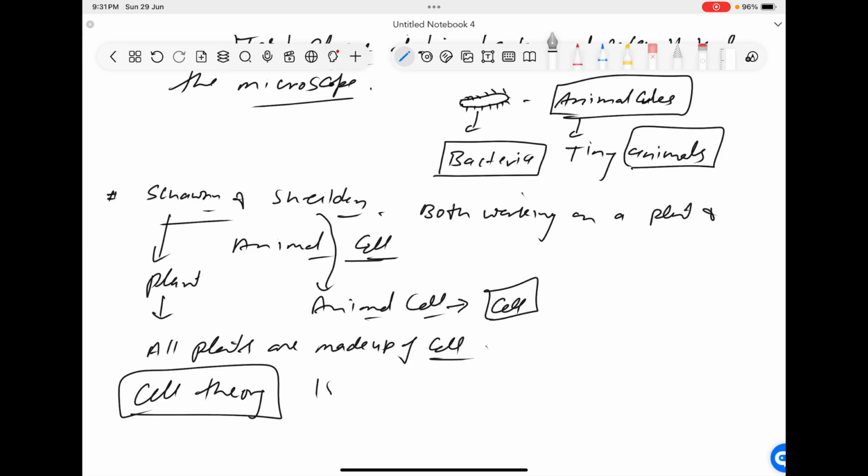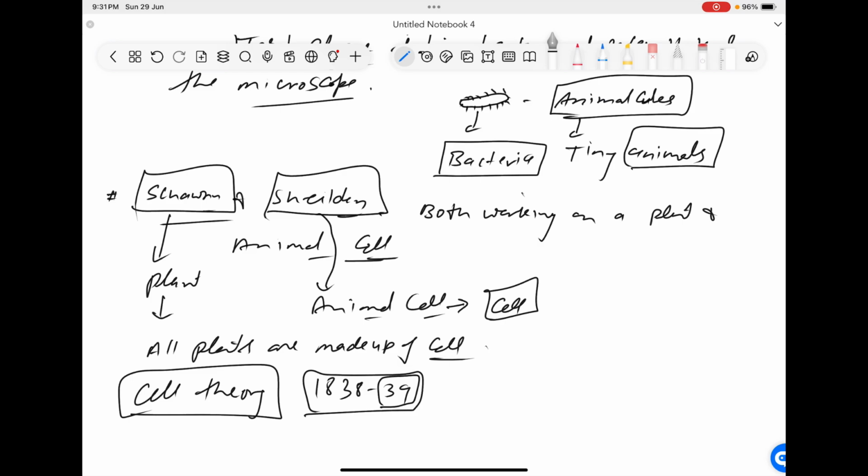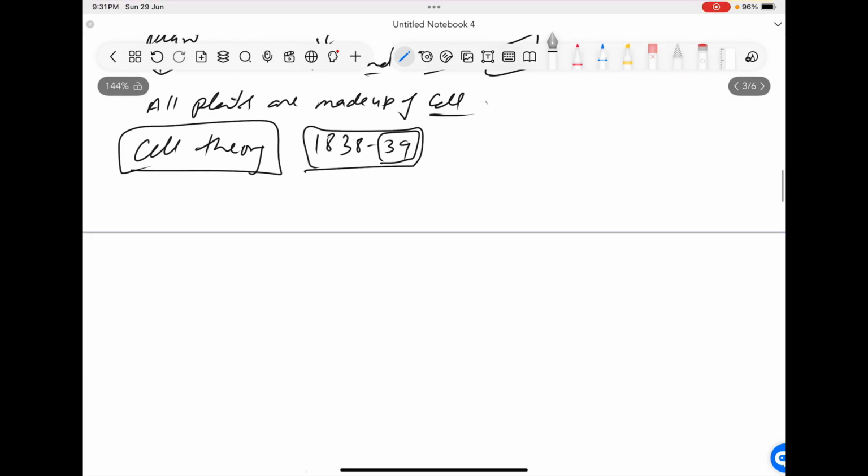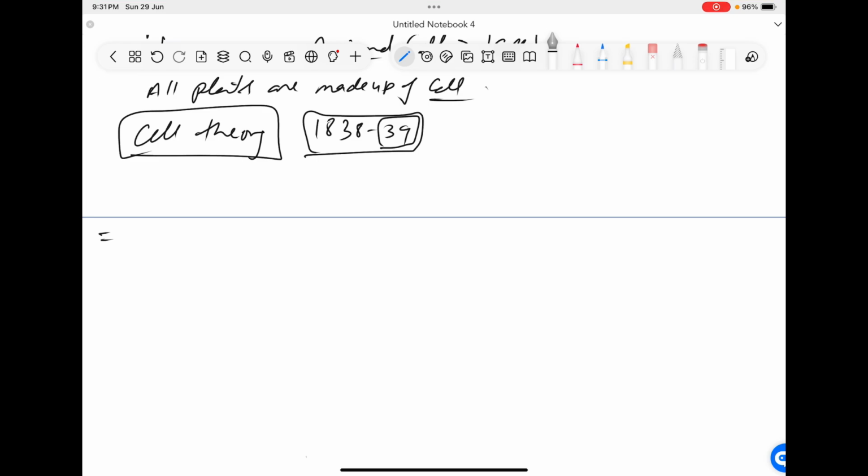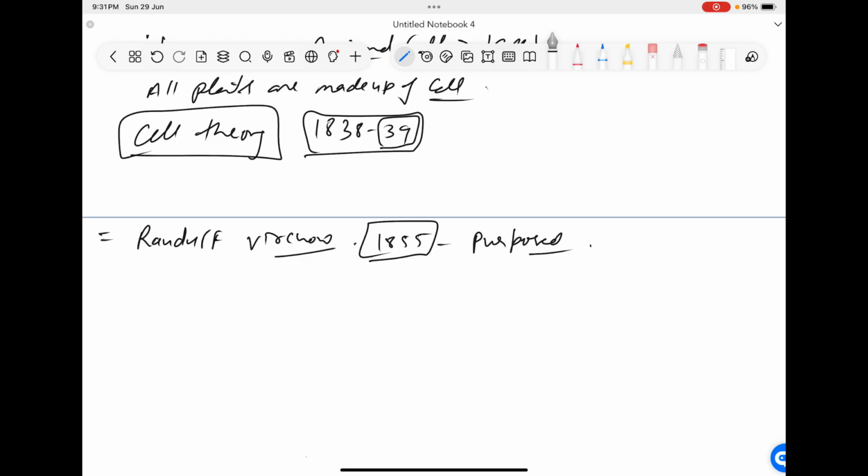Later on, Rodolph Virchow in 1855 proposed that cells are produced from previous or ancestor cells, that is, new cells are produced from old cells.